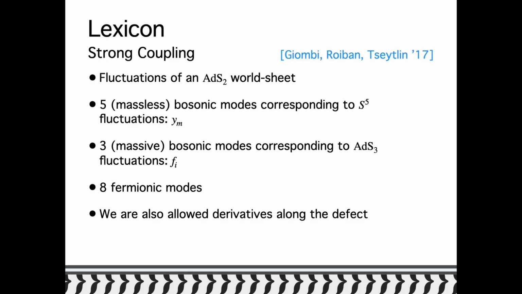Again, M goes from 1 to 5. These are massless bosonic modes. There are also 3 massive bosonic modes corresponding to fluctuations in the AdS3 directions, and these are labeled by f^i. Again, i goes from 1 to 3. And finally, there are 8 fermionic modes.